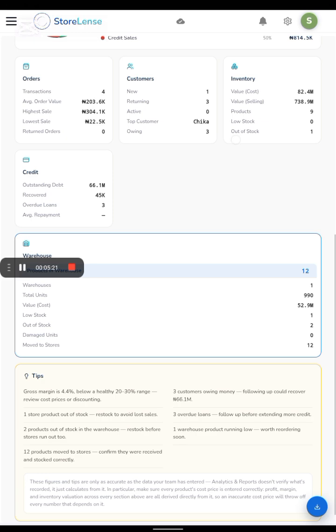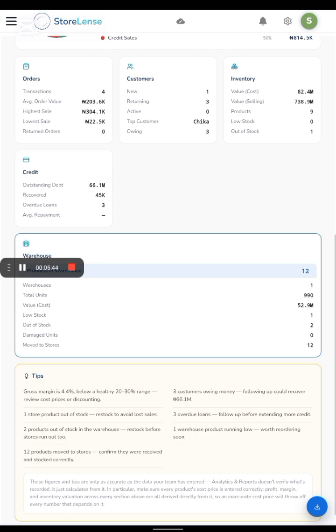Then the customers: how many new customers did I get? How many returning customers did I get, and how many of them are active? In those customers, which of them is the top customer, and how many of them are owing me? These are what you are going to be seeing under the customers.